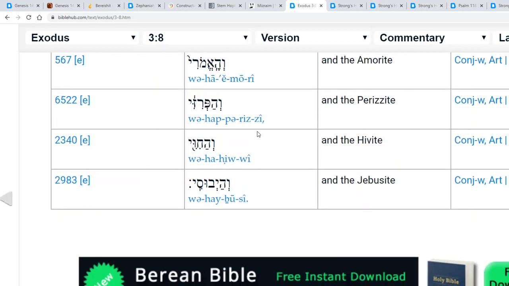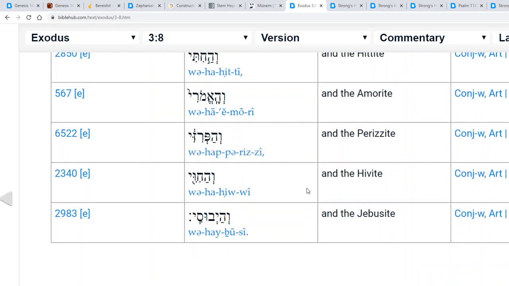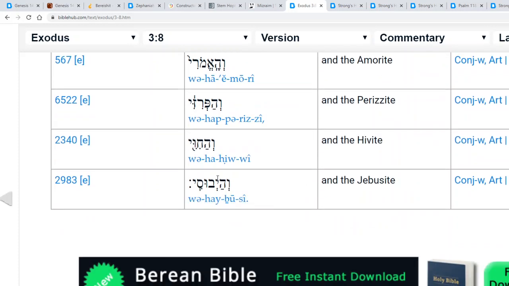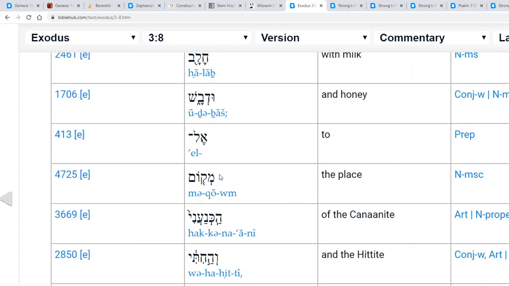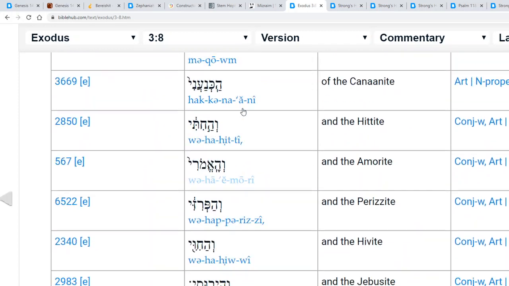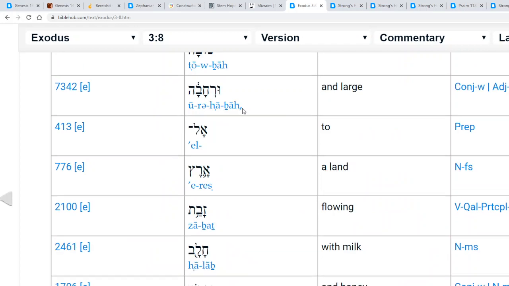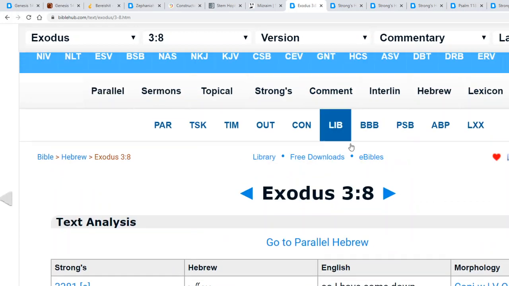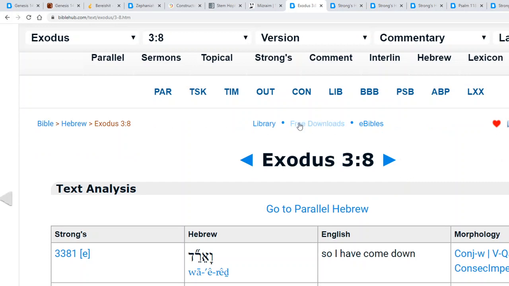Same root. Vehachivi, again the same root, the Hivite, right? Vehayevusi and the Jebusite, right? Yevusi. So these are the lands of the people who were dispossessed, so that Israel could have the land, right?